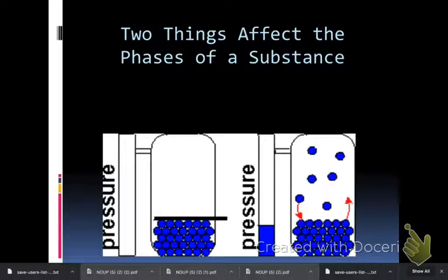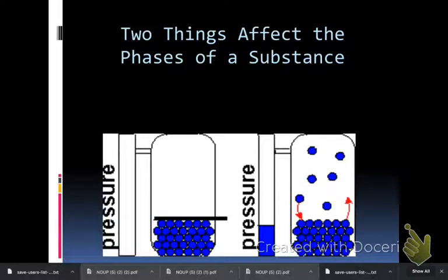Now, if we look at the pressure, and if we assume that the container on the right is at equilibrium, remember at any given temperature, the amount of molecules leaving the surface of the liquid is going to be offset by the amount of molecules returning. And you can affect that by increasing or decreasing the temperature.